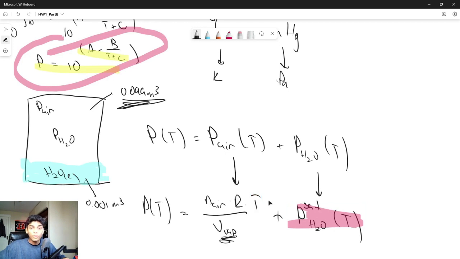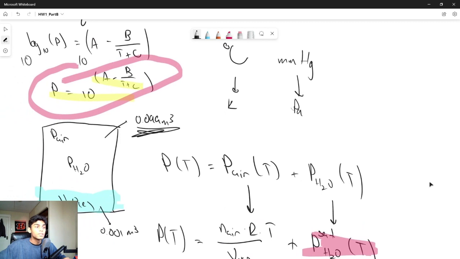So we can do one of two things. We can take this equation here and convert from degrees Celsius into Kelvin, in which case we just need to add 273.15. And for the pressure, if it's in millimeters of mercury, we have to multiply by the conversion factor.